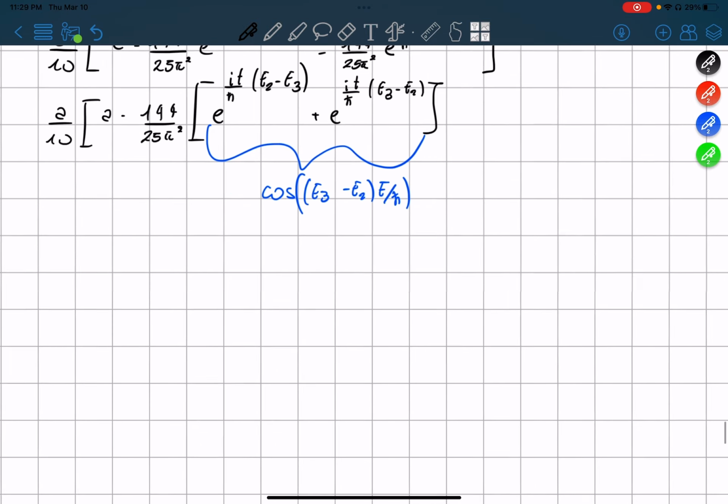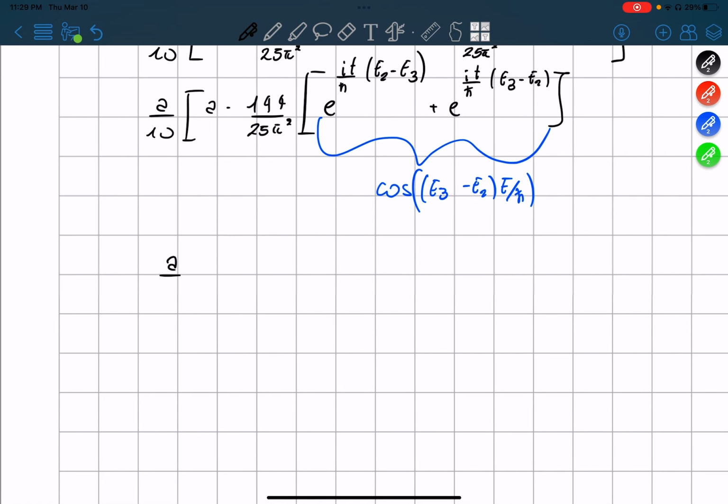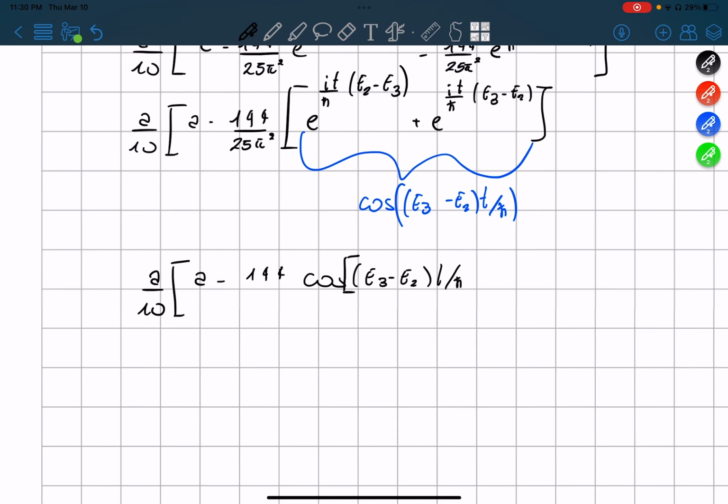Okay, so here I get a over 10 times a minus 144 cosine of E3 minus E2 times t over h bar, over 25 pi squared. And that's our final answer.